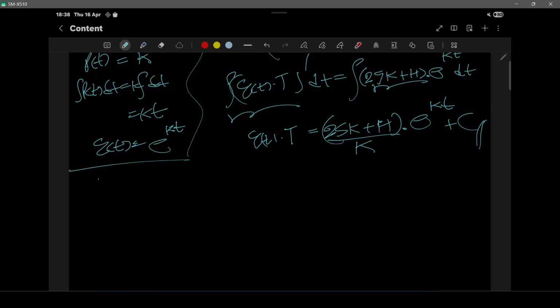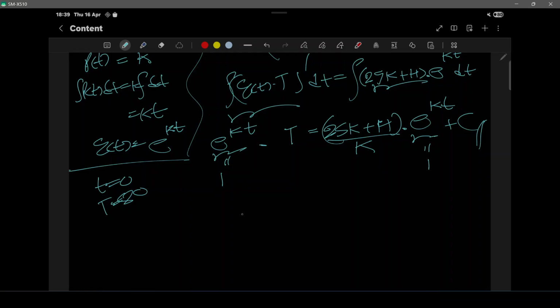So initially, when t is equal to 0, the temperature is 80. So here Q(t) is e to the power kt. When t is equal to 0, this term is equal to 1, and here this is also equal to 1.